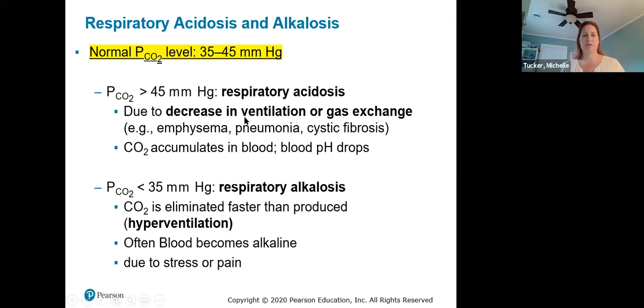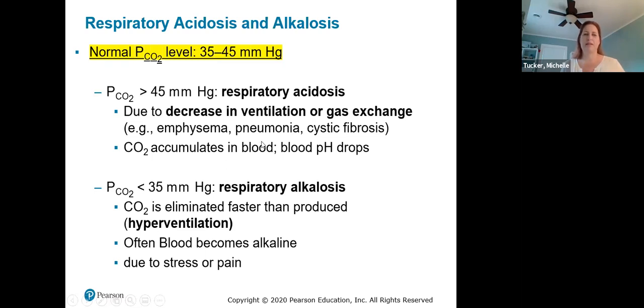This is usually due to a decrease in ventilation. This can occur in emphysema or pneumonia, or problems of gas exchange. Again, emphysema, pneumonia, cystic fibrosis, because there's a lot of sticky mucus, also affects these.